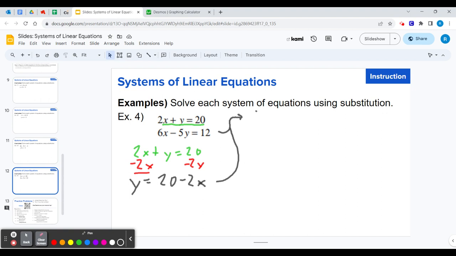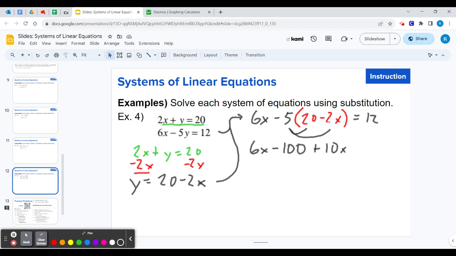We'll get 6x minus 5 times all of that, the 20 minus 2x, equals 12. We'll have to distribute again with that 5, so we'll get 6x minus 5 times 20 is 100, plus 10x equals 12.